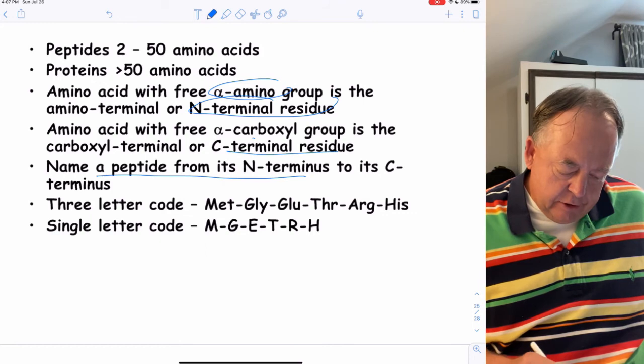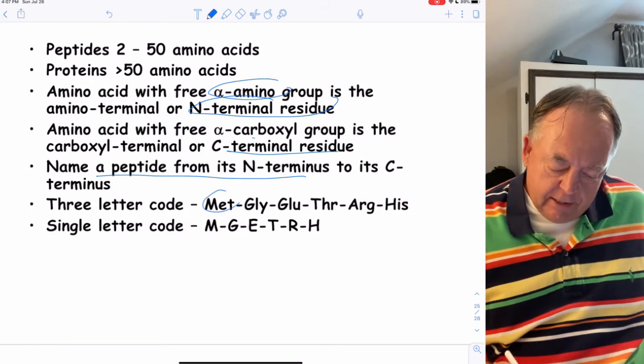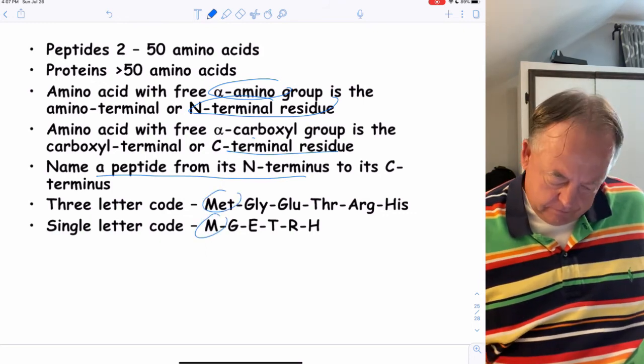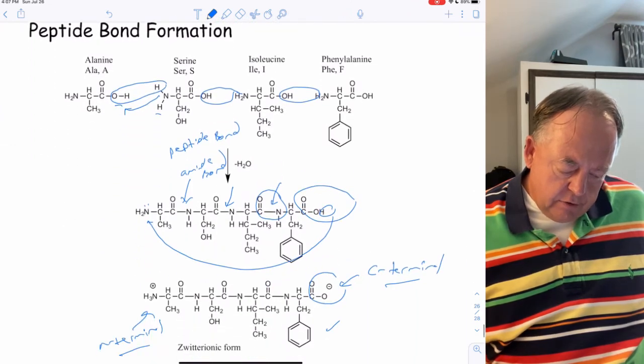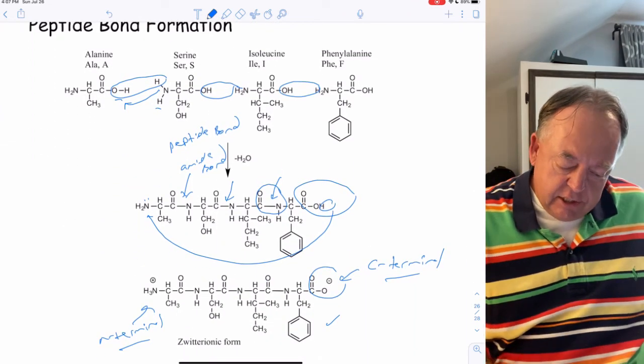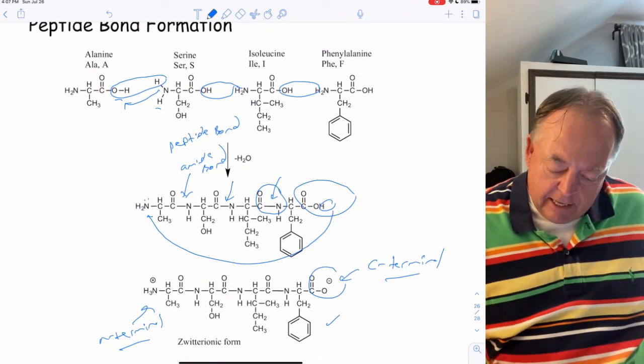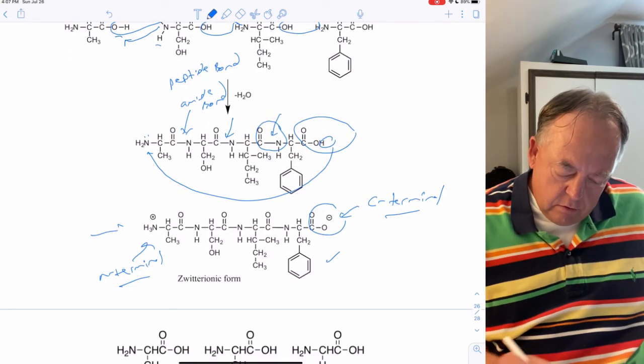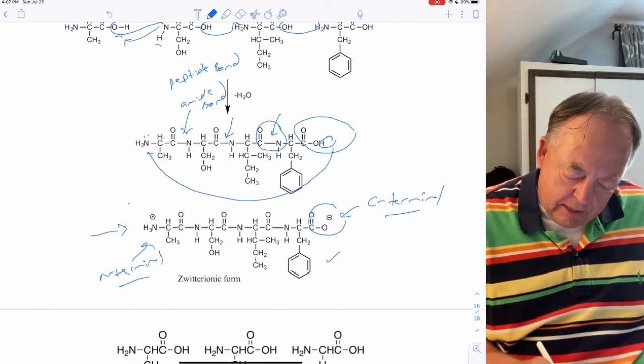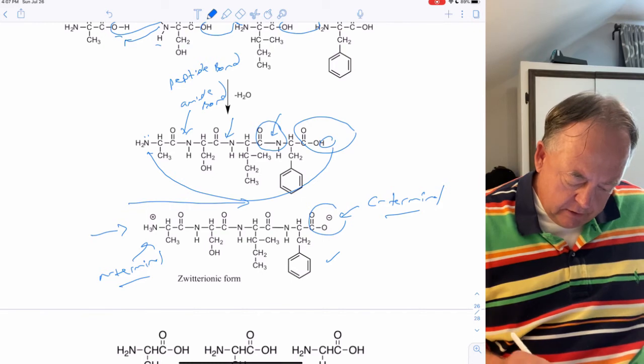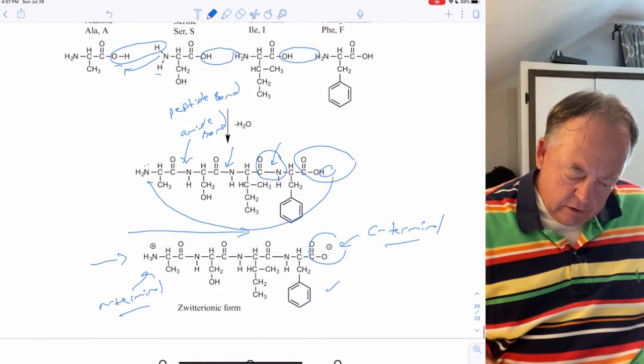And you would typically then use 3-letter codes for the amino acids, or the 1-letter code. Okay, so this is alanine, serine, isoleucine, phenylalanine in that sequence. So from the N-terminal to the C-terminal, you would name it going this way. So you would name this using the 1-letter codes.